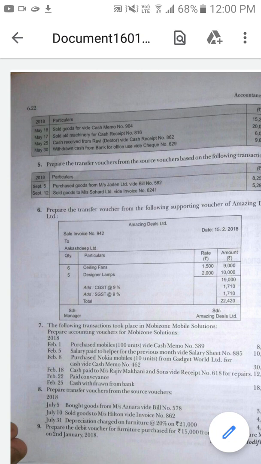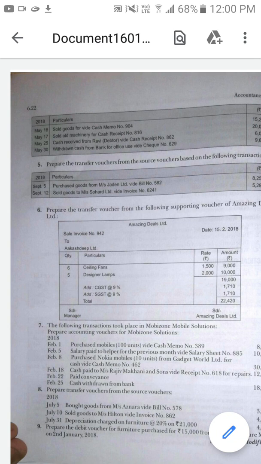If you read the invoice theory part, you will get the clear meaning of what a sales invoice is and what an invoice is. When the trader sells goods on credit, he will prepare the sales invoice.